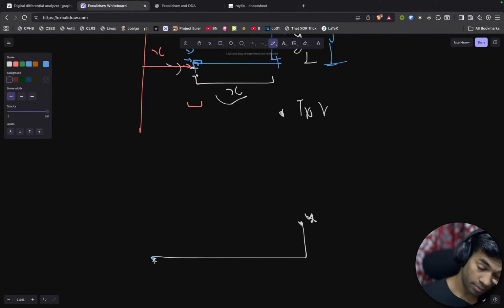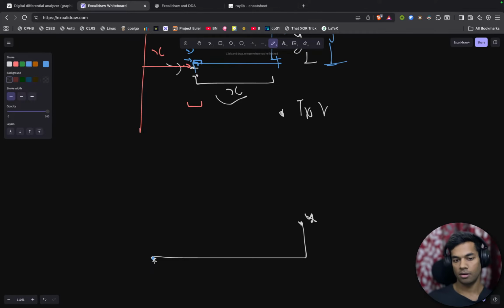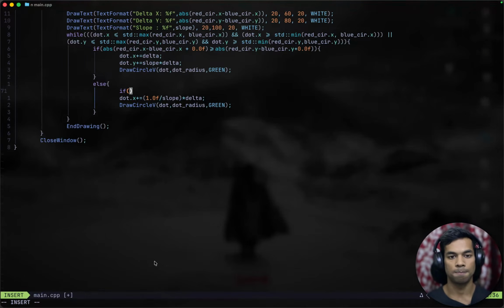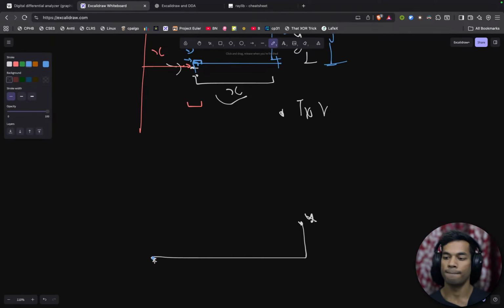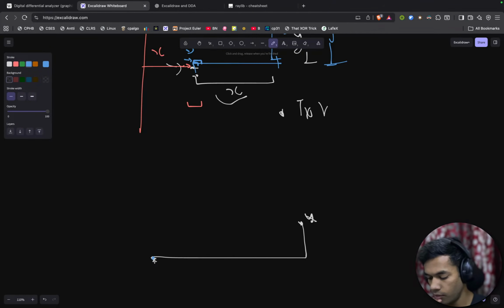If the target x and y values are both greater than the source x and y, or maybe we can modularize that and check separately.